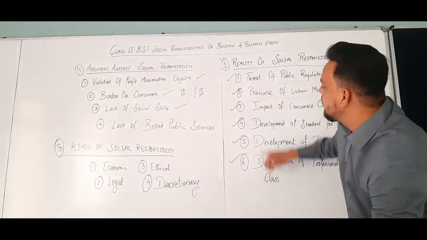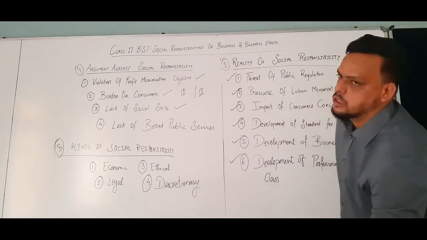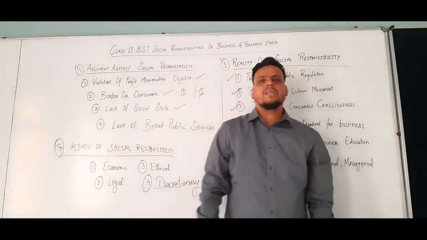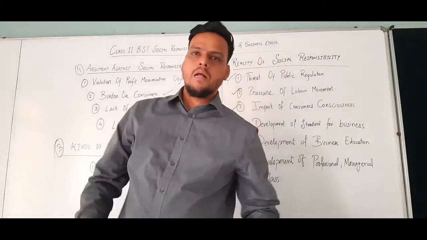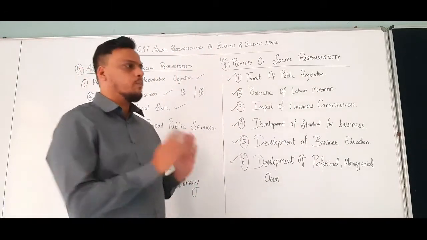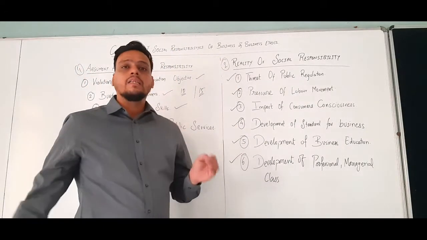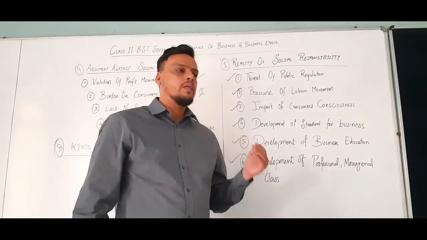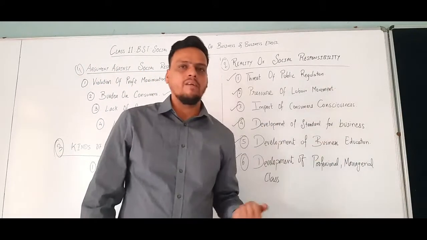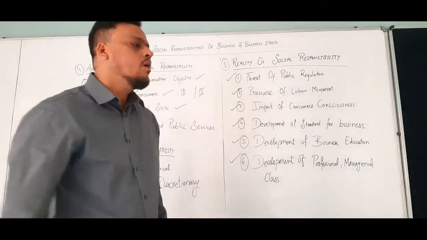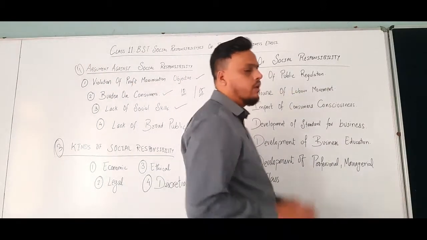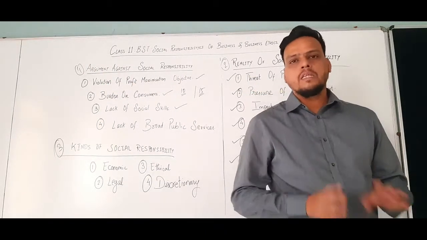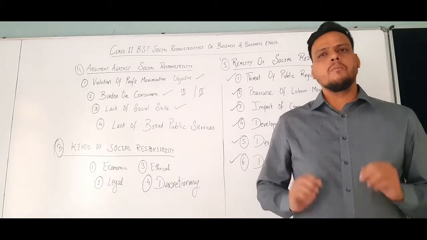Next part is impact of consumers consciousness. As you know that today the customers are more conscious towards the product quality, quantity, and they are also conscious about social welfare. Which company is involved in the social activities, they are more conscious now. Earlier it was said that the buyer has to make the product and the consumer will buy directly.